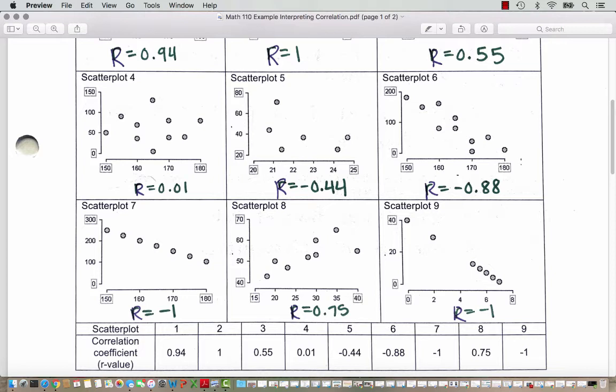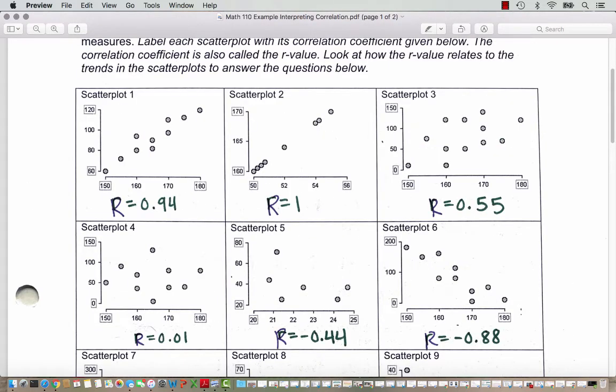Scatterplot 7 has a correlation of negative 1, and the points are a perfect fit to a negative slope line. So this is kind of like the opposite of what we saw in scatterplot 2. In scatterplot 2, the points were a perfect fit to a positive slope line, and the correlation was positive 1.